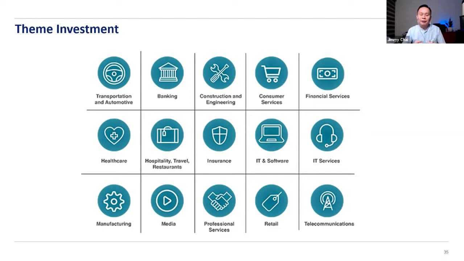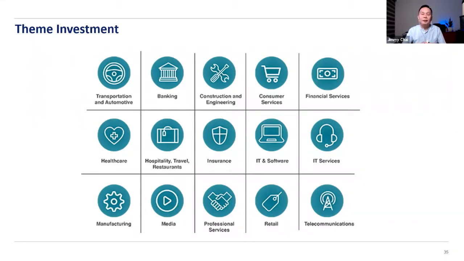So for example, in ETFs, we divide them into transportation and automobiles. Like, for example, if you like to invest in EV companies, electric vehicle companies, you can actually go out there and buy an electric vehicle ETF these days.